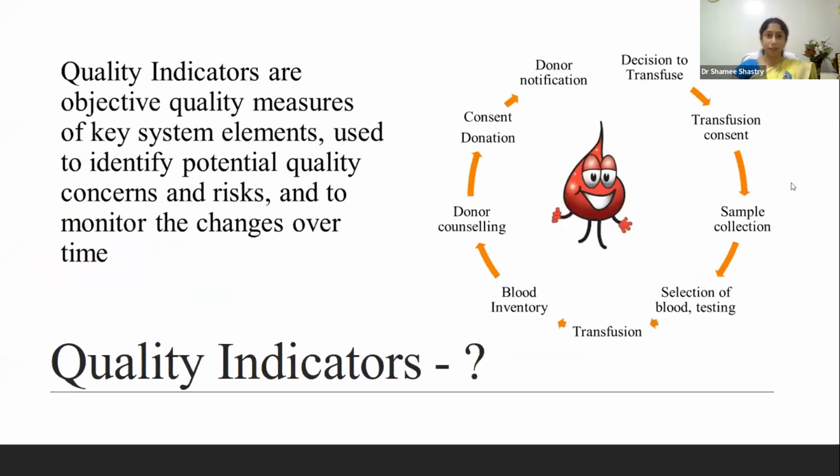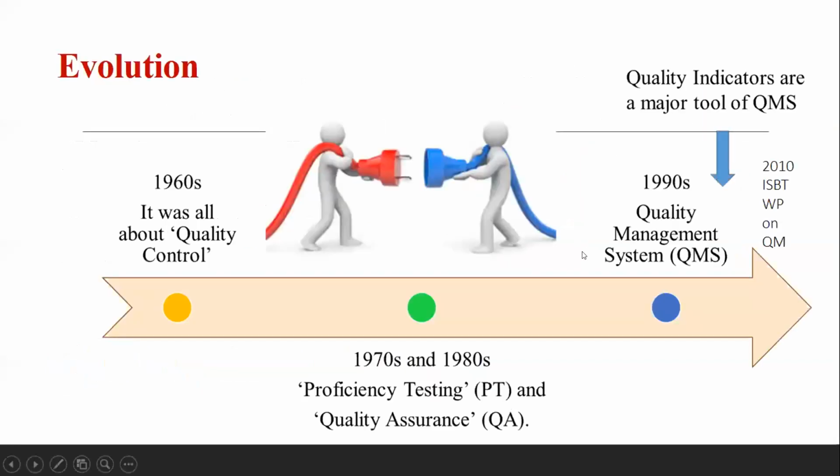So, what is the definition? Quality indicators are objective quality measures of key potential quality concerns and risks, used to monitor changes over time. They cover the entire vein-to-vein transfusion medicine service. If we look at the evolution of the quality concept, there is a long association with blood establishments.